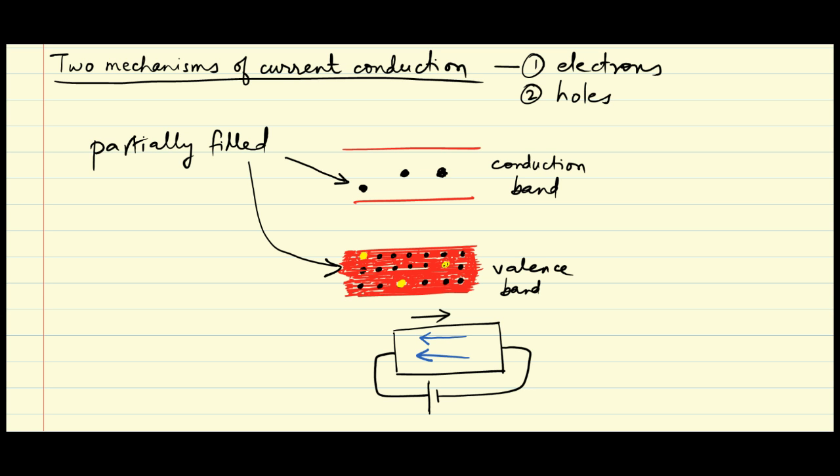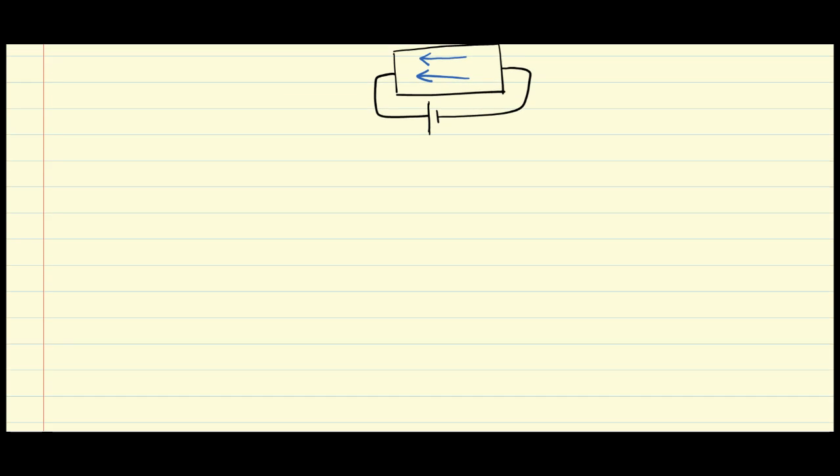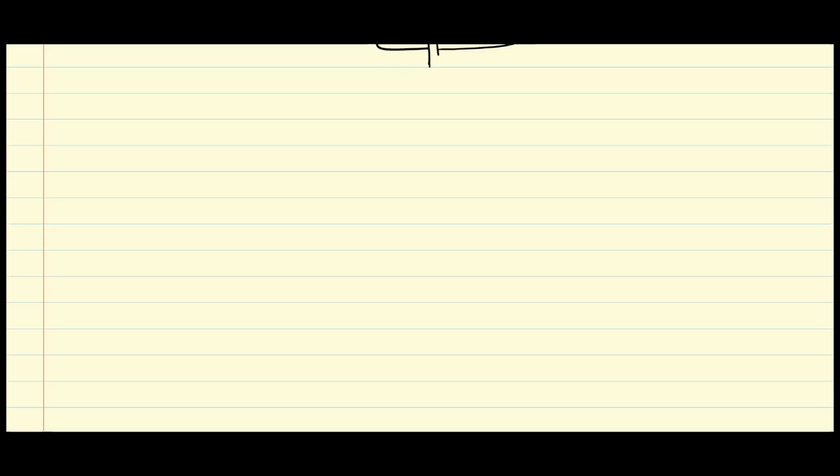These two mechanisms of current conduction in a semiconductor are easily understood from the physical diagram of a pure silicon lattice. So you are aware that silicon is the most popular or the most widely known semiconductor.